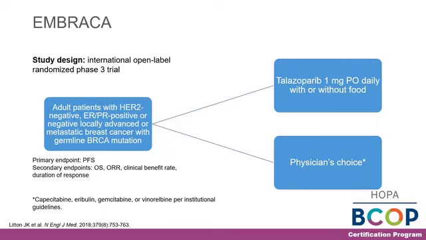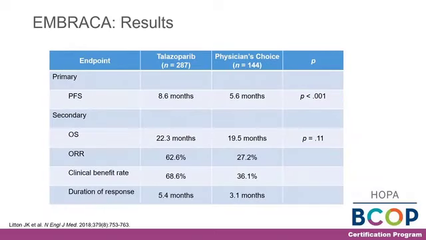And I also have outlined that at the bottom left for you. Progression-free survival in patients who received talazoparib also was 8.6 months, which was 3 months higher than the group that received physician's choice, and this was statistically significant. The secondary endpoints are also listed here for your reference.